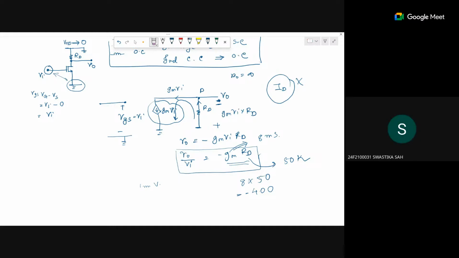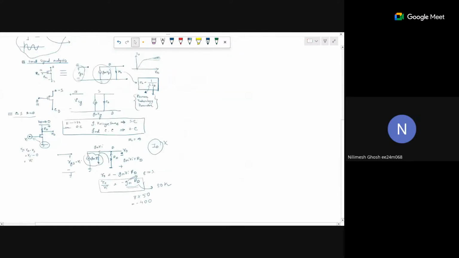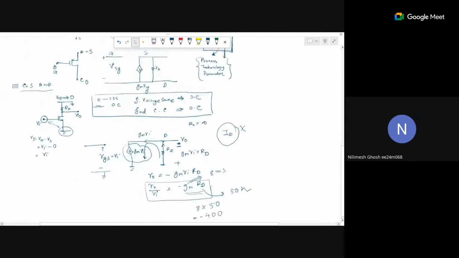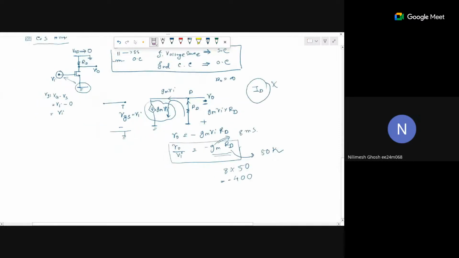Yes, sir. Okay. Now the thing is, I talked a lot about these amplifier things, and I ignored one thing. What thing did I ignore? I haven't discussed gm. I just wanted to show you what gm does. I told you in the beginning that this gm is a tool for amplifying a particular signal.